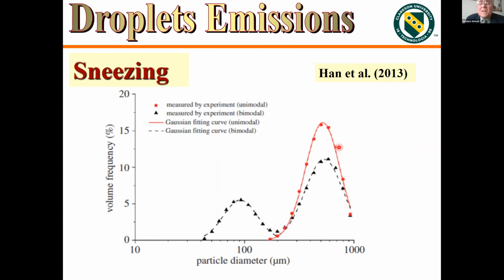One has a peak of the order of several hundred microns, close to half a millimeter, for droplets emitted during sneezing. It's very explosive. The velocity is very high, of the order of 50 meters per second. And for the double modes, some people have that kind of variation, one near 100 and one near 500.